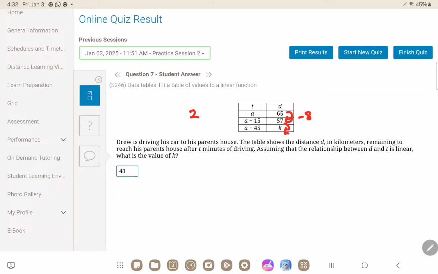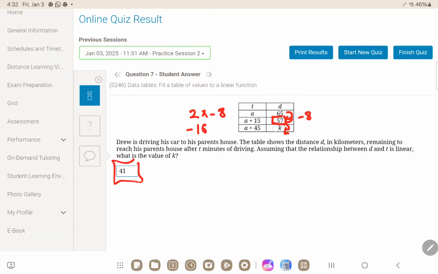It's 2. So you have to do 2 times 8, which is 16. So you're going to decrease it by 16. You take 57 and you subtract from it another 16. You're going to be left with 51.